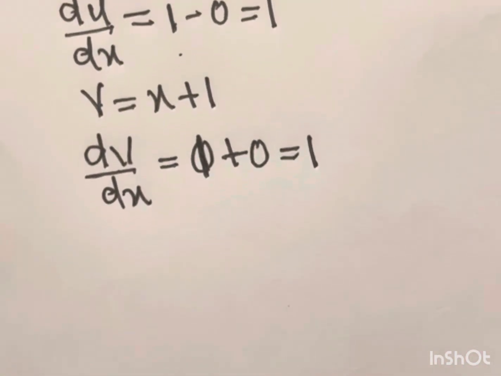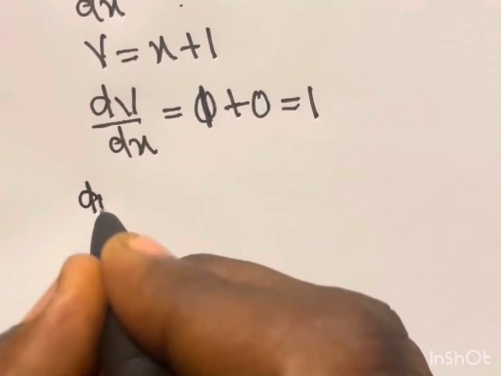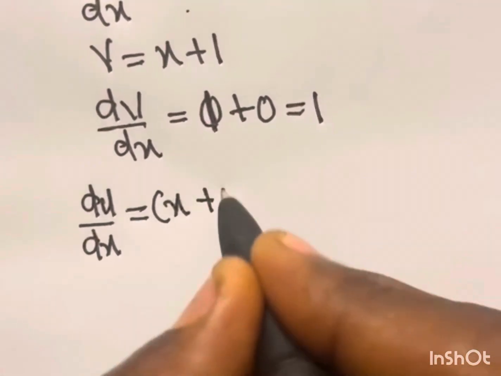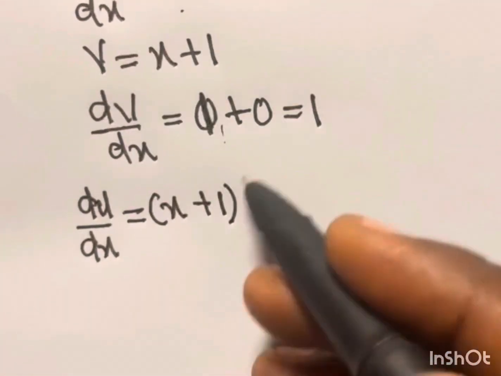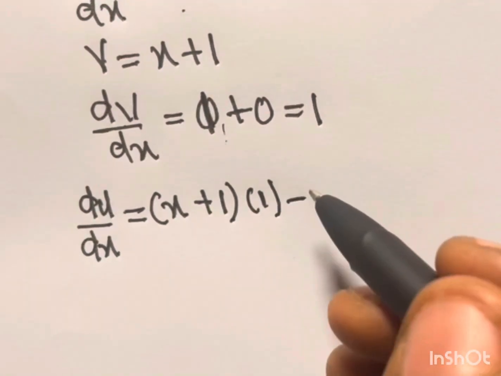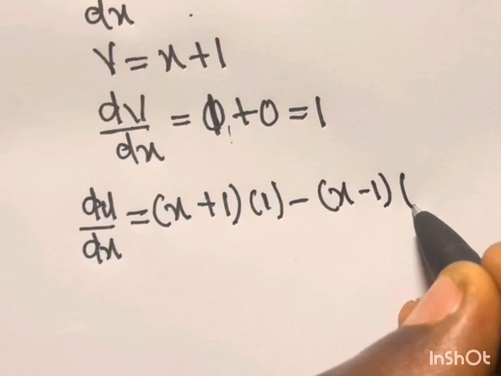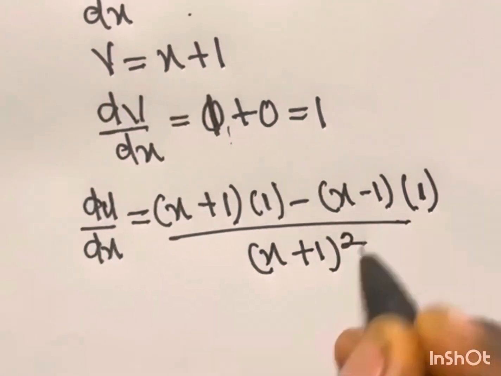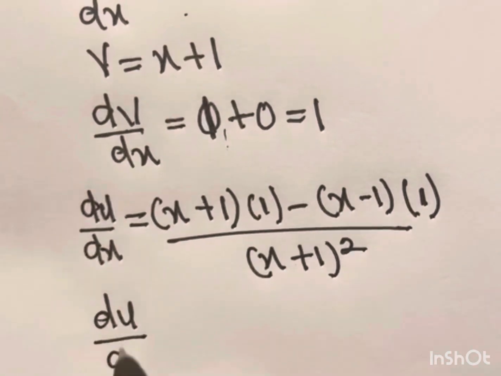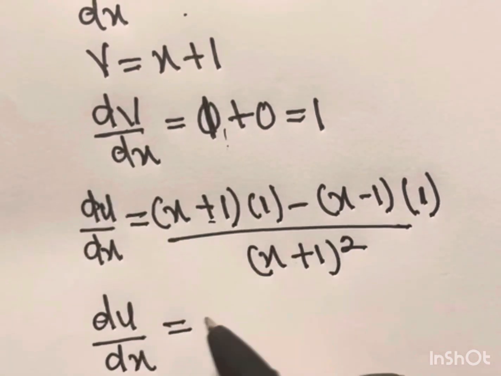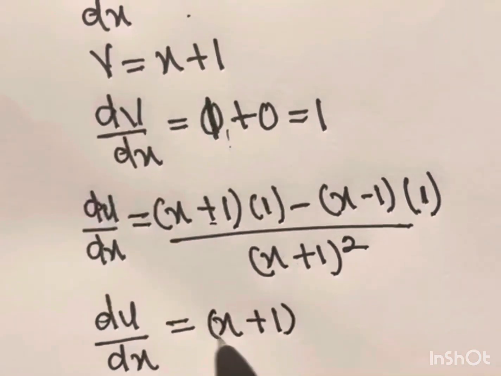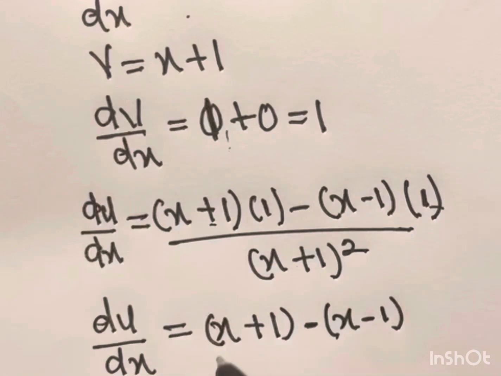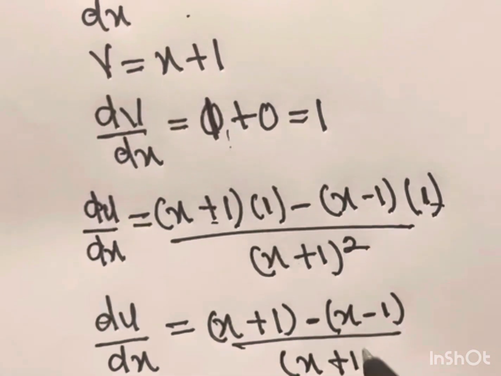We have du/dx equal to v, which is x plus 1, times du/dx, which is 1, minus u, which is x minus 1, times dv/dx, which is 1, divided by v squared, where v is x plus 1, squared. Multiplying out, we have x plus 1, then minus x minus 1, divided by x plus 1 squared.